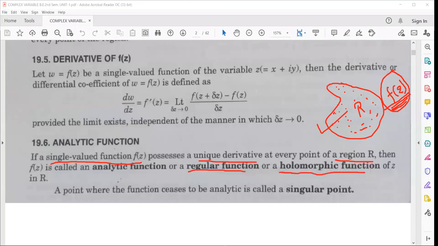Either you say analytic function, regular function, or holomorphic function, the meaning is the same.